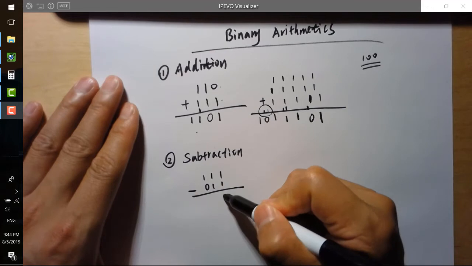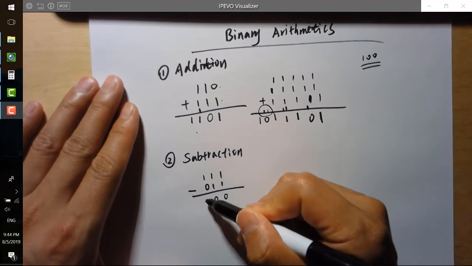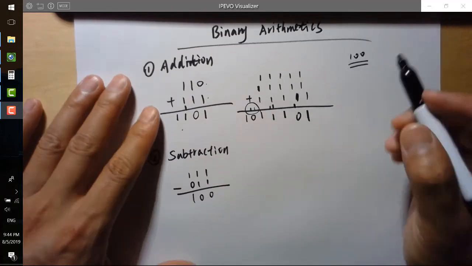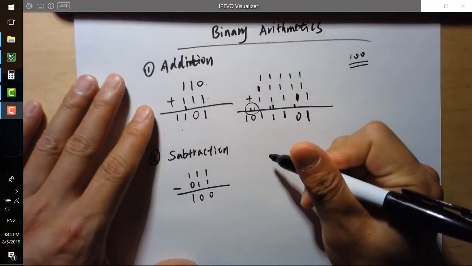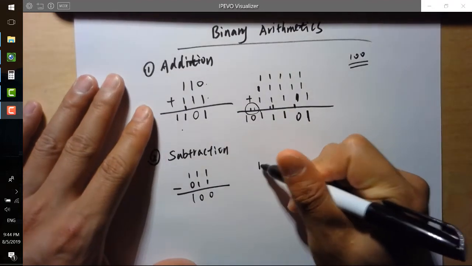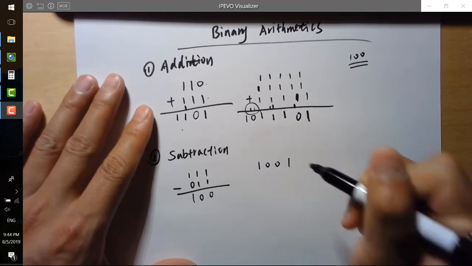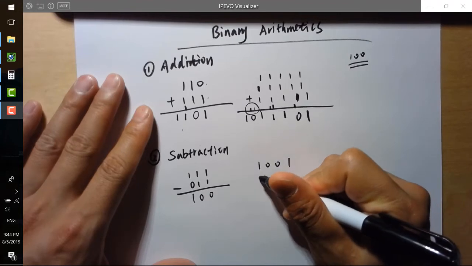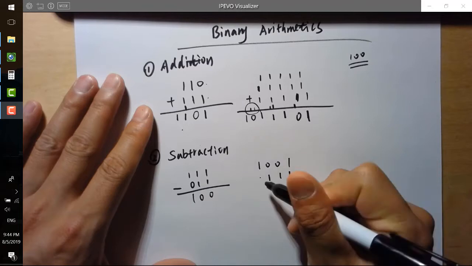So 1 minus 1 is 0, 1 minus 1 is 0, 1 minus 0 is 1. Straightforward. So what about something like 1001 minus 111?